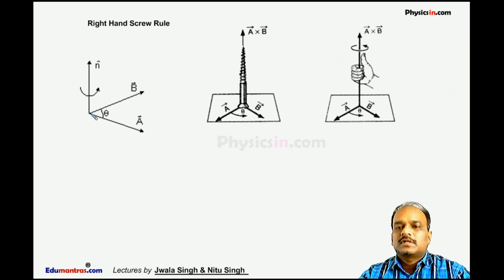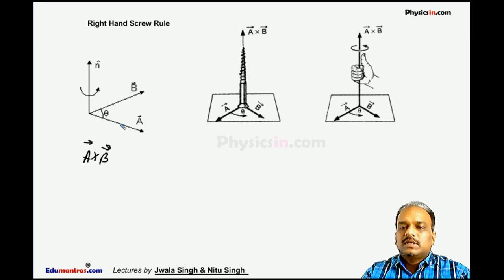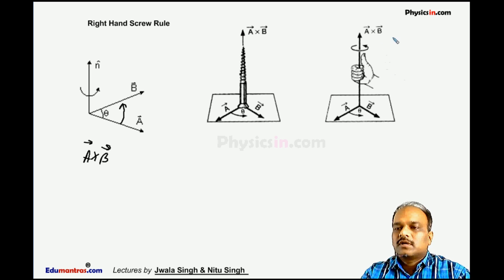Suppose this is vector A, this is vector B. So if I want to write A cross B, I will rotate this A towards this vector B through a smaller angle, and the thumb will point in the direction. If the finger points in the direction of rotation, then the thumb will point in the direction of this n cap. So this is the direction of n cap.